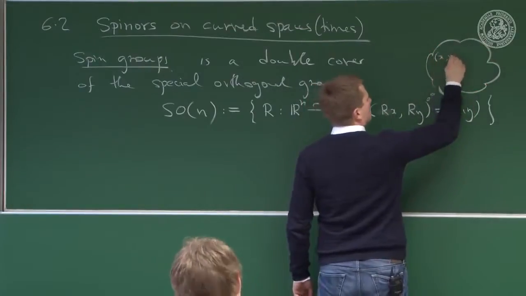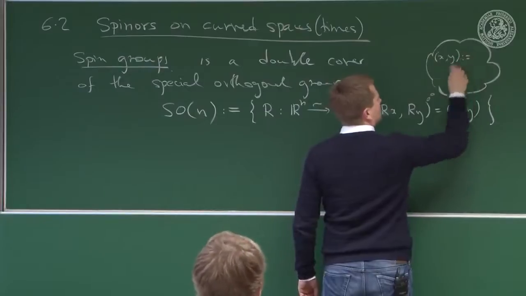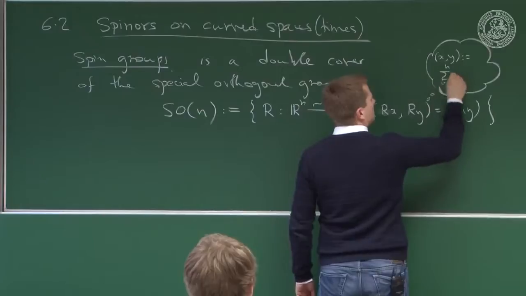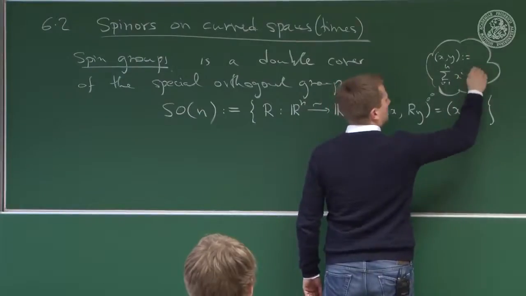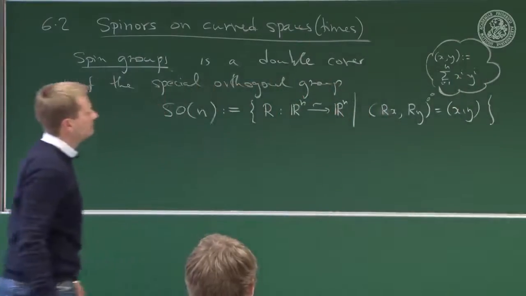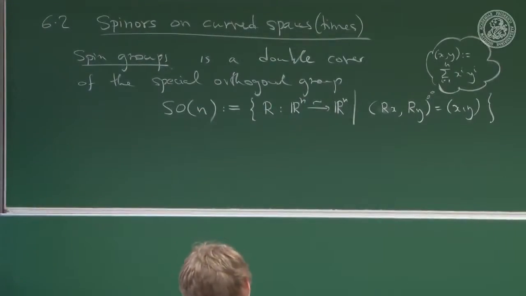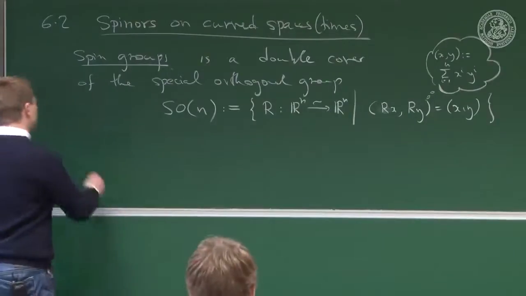So <x, y> is defined as the sum for i equals 1 to n of x_i y_i. Okay? So the spin group is a double cover of the special orthogonal group.